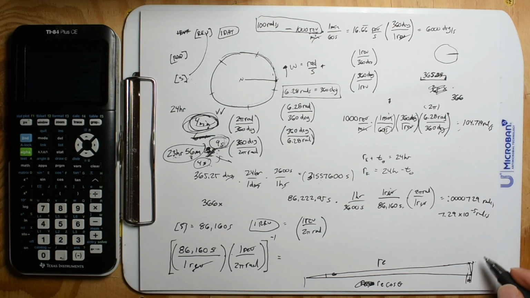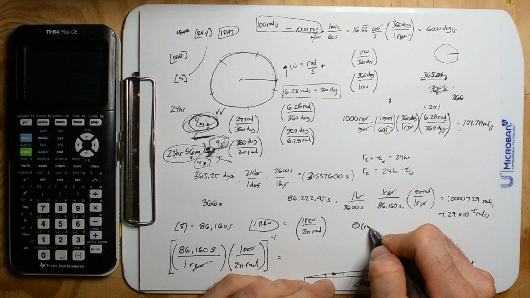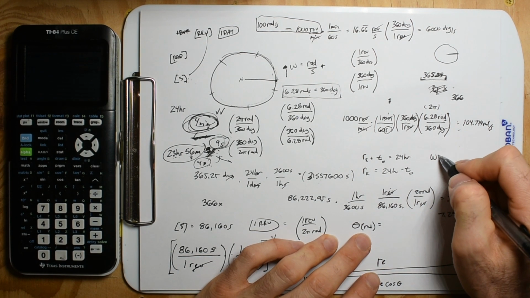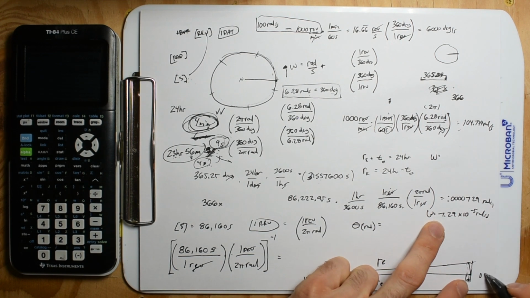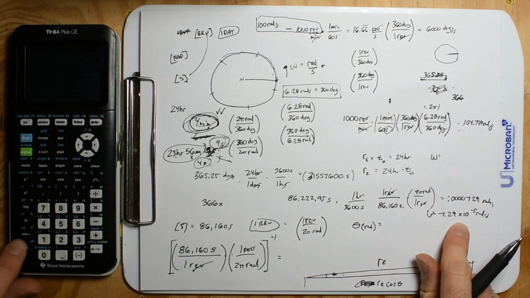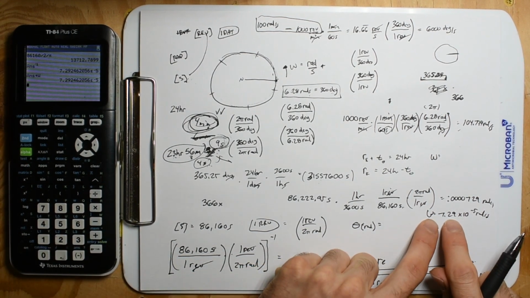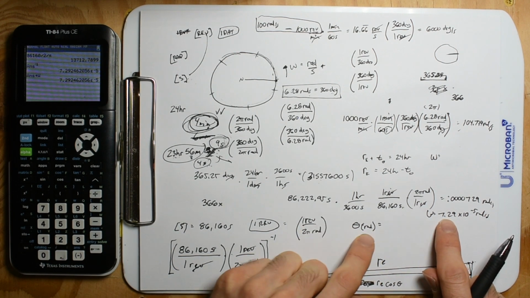But then, what's our angle? Our angle is going to be in radians, and we know our angular speed in radians per second, and we're going to do a change in time of 1 second. So by definition, I'm going to store this as alpha w. This is going to be how many radians we're going to be traveling.